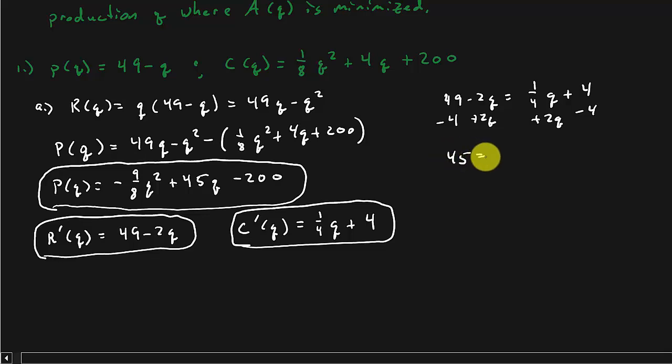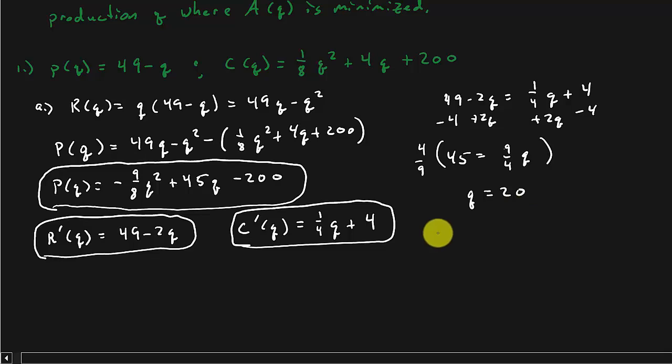So that's 45 equals, what does that equal? 9/4 Q, I believe. And then if I multiply by 4/9, that's 5 times 4. Q is equal to 20.